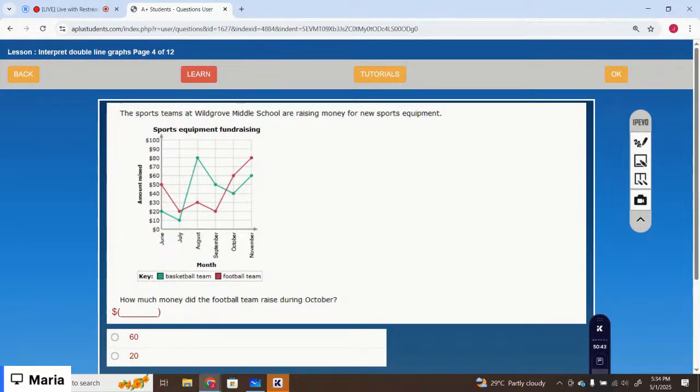The sports teams at Wild Grove Middle School are raising money for new sports equipment. How much money did the football team raise during October? That is $60. Option number one is the correct option.